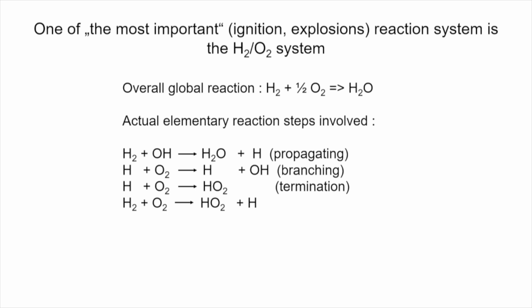And now we want to put all these things together to get a reaction mechanism finally. So again, we have our simple system here: H2 plus half O2 gives water. We have our elementary reactions: propagating, branching, and termination.